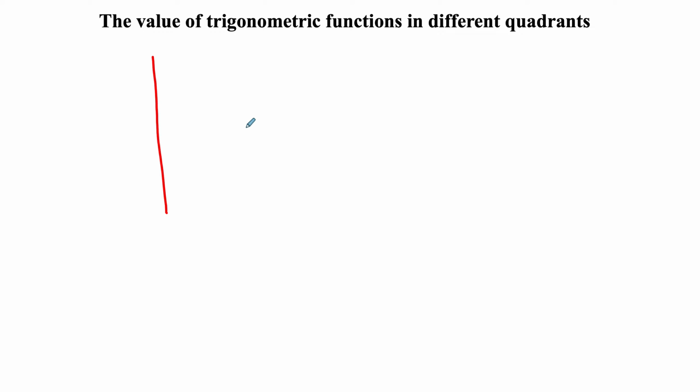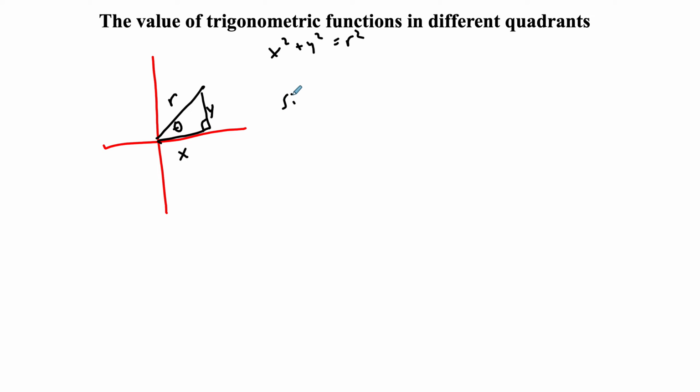In general, if you're in the first quadrant, then for some angle theta, there's going to be an associated x value and a y value, and there's going to be some radius. Now, please bear in mind that x squared plus y squared has got to equal r squared. Remember the Pythagorean identity, the cosine squared plus the sine squared equals the radius squared, or 1 if it's the unit circle.